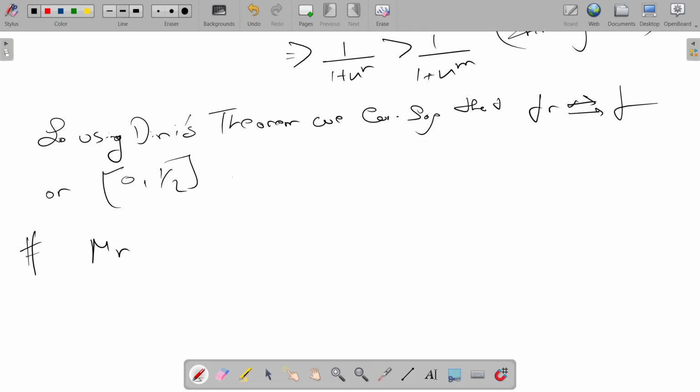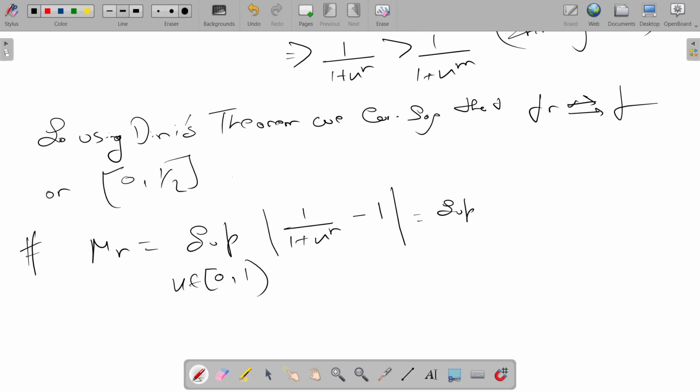Basically, we can now use the Mn test. For x belongs to [0, 1), the modulus of 1 by 1 plus x to the power n minus 1 is nothing but the supremum over x in [0, 1).